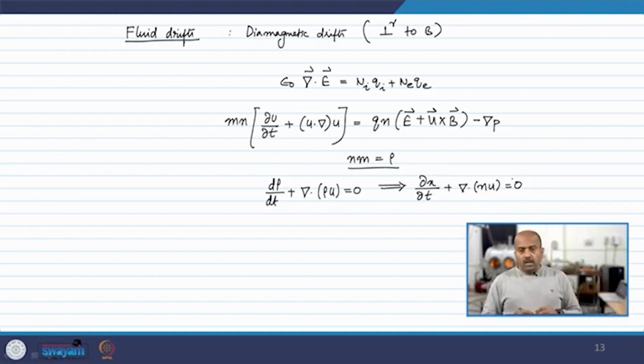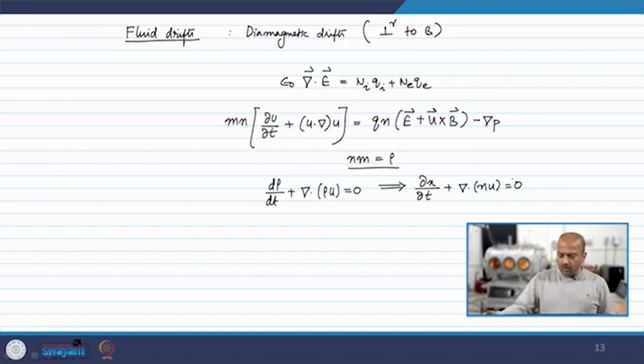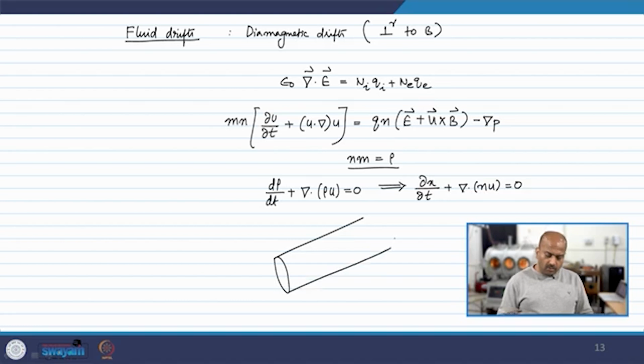Okay. So, in this case, when we are considering diamagnetic drift or perpendicular drift, we take the magnetic field to be pointing along the axis of symmetry. So, let us consider simple geometry and then try to see how the field is aligned. We consider the magnetic field along the axis.